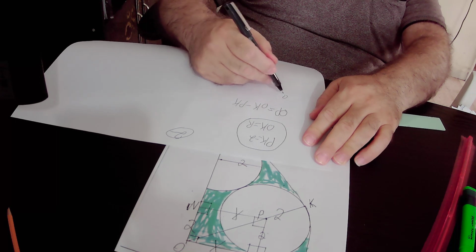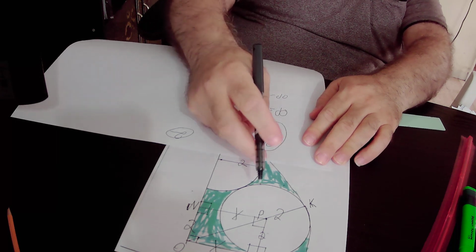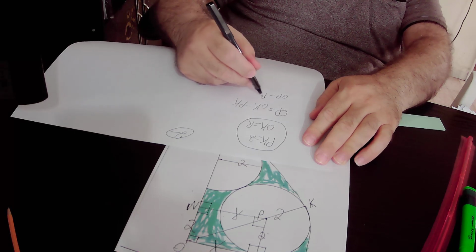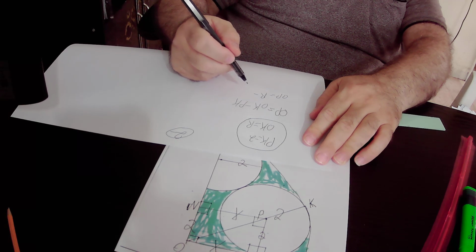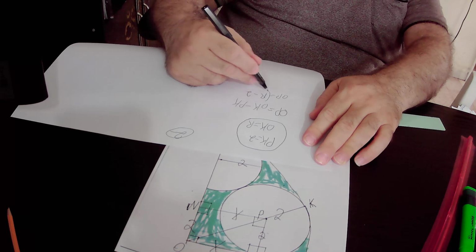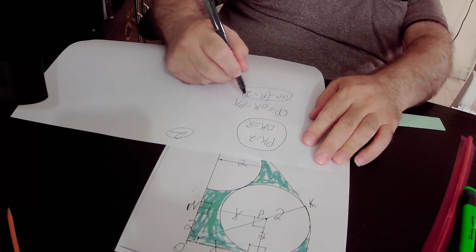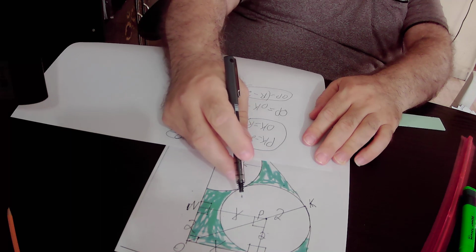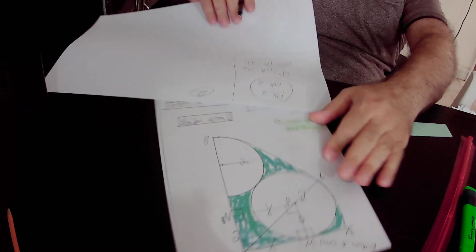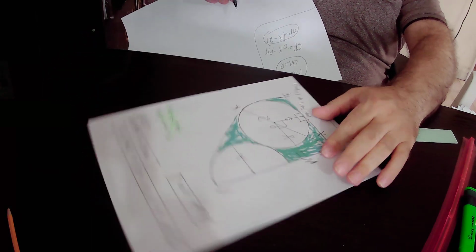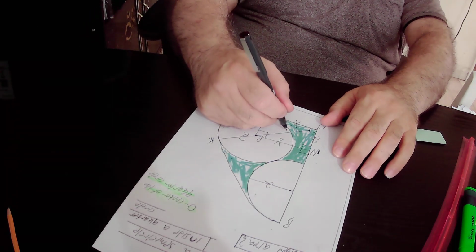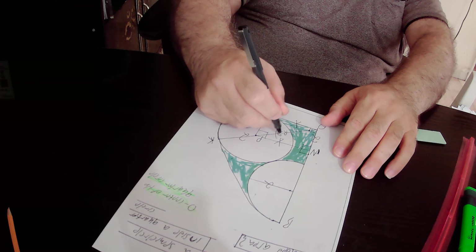So OP equals OK, that is the radius of the quarter circle that is equal to capital R, minus PK, that is equal to 2 units, the radius of the circle. So in conclusion, we found out that the length of line segment OP is capital R minus 2. So we can write here that OP equals capital R minus 2.